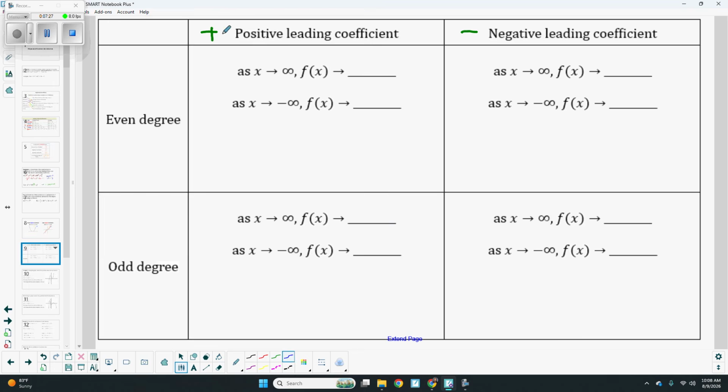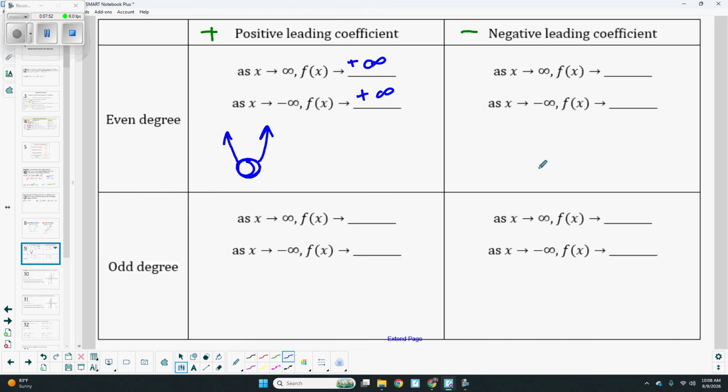When it's positive and even, they're both going to be opening up. Something's going to happen in the middle here, but the ends of the graph, the end behavior, they're both going up to positive infinity. As x goes to positive infinity, the graph goes up to positive infinity. As x goes to the left to negative infinity, the graph is still going up to positive infinity.